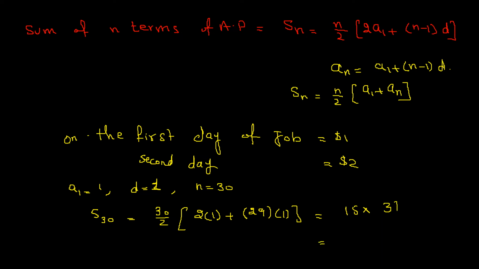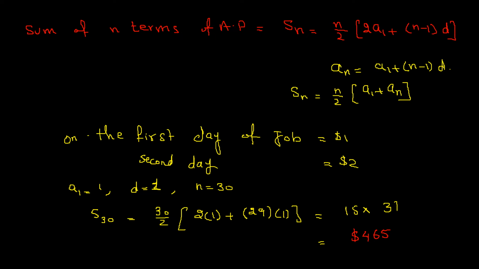What is 15 times 31? It is 465. So I will get $465 at the end of the month as a salary. This helps you to calculate such problems.